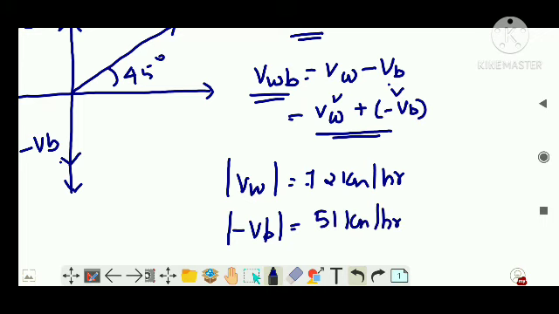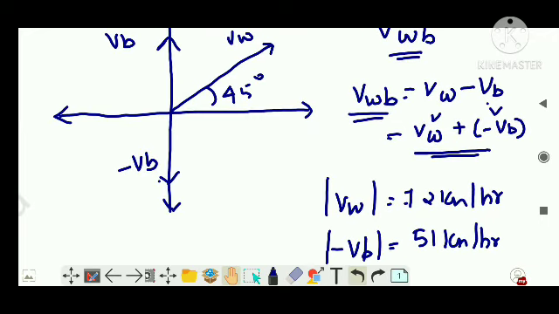Now let us take some of the angles, guys. What will be the angle between this and this? There is 45 here and 90 here, so this entire angle, if I mark it, will be 135 degrees, that is 90 plus 45. That is the angle between the two vectors, and I want to find the resultant of it.